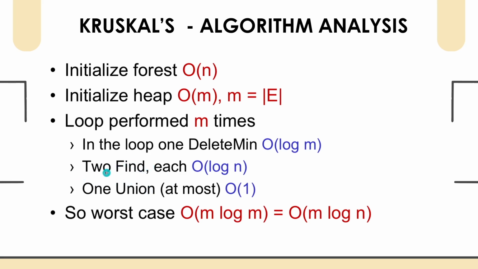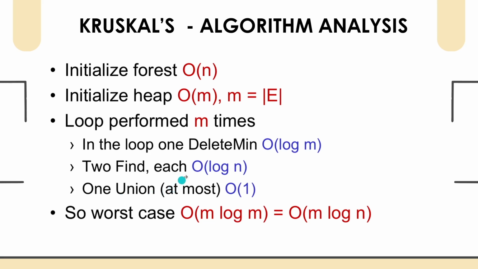Every time we find an edge with the minimal cost, an edge is associated with a pair of vertices, and for both the vertices we will be doing a find operation, and each of those find operations takes an order of log n time, and then we do a union operation to decide whether it leads to a cycle or not.